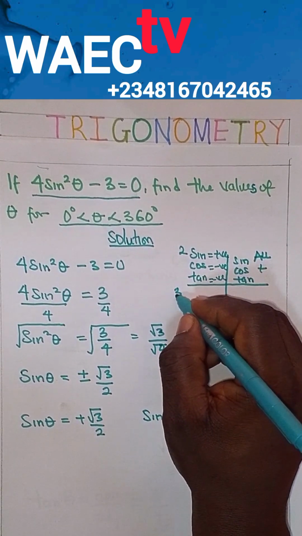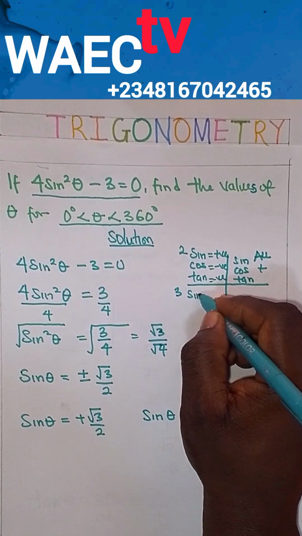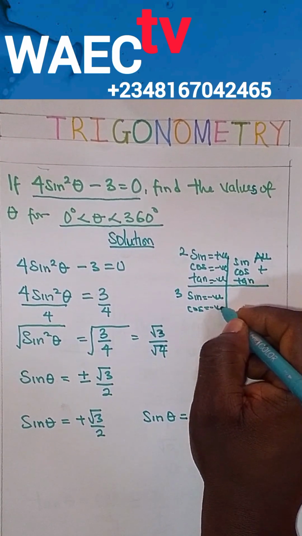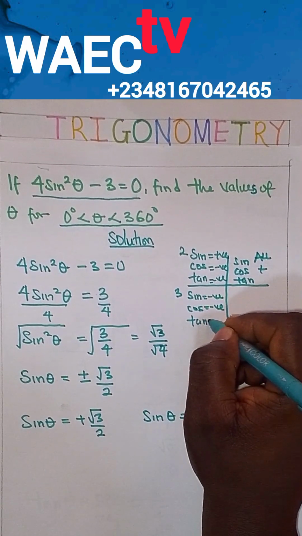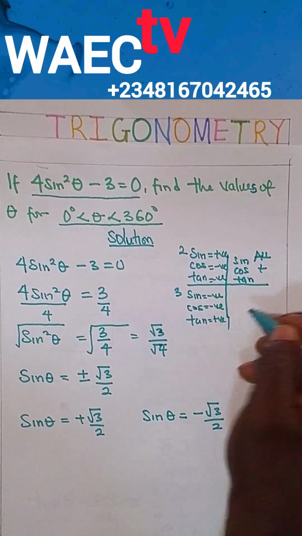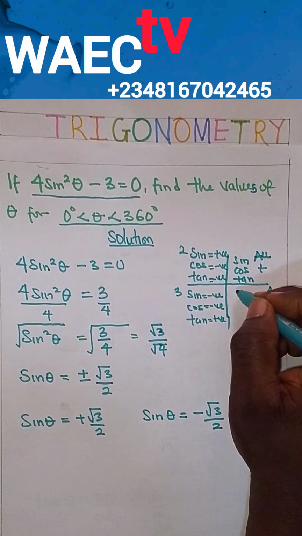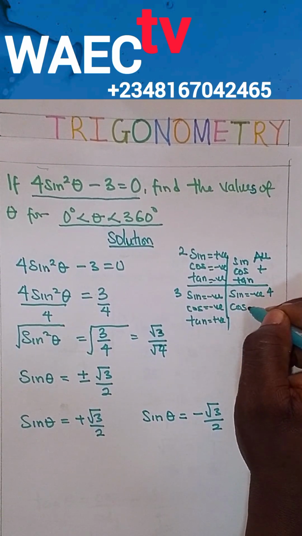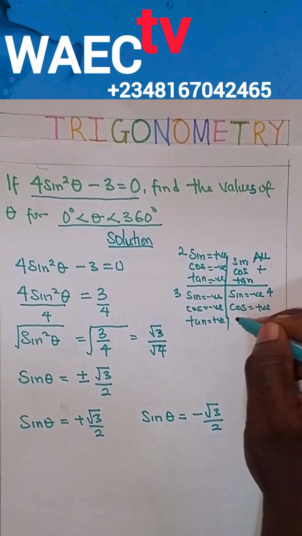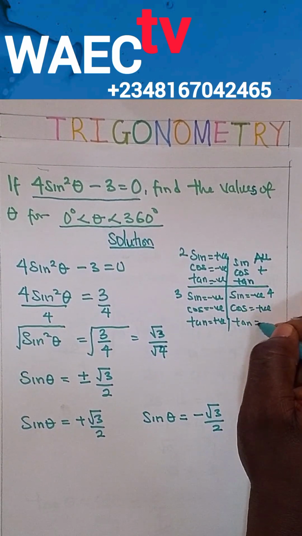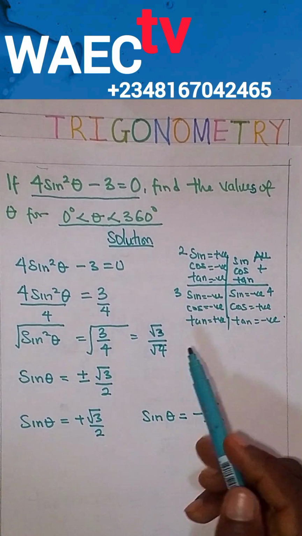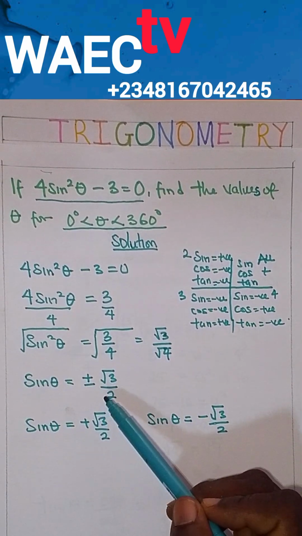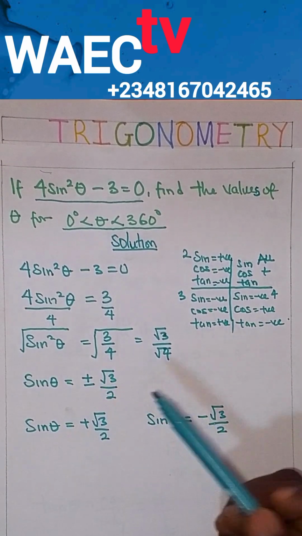And here is the third quadrant, where sine is negative, cos is negative, but tan is positive. And the fourth quadrant, where sine is negative, cos is positive, and tan is negative. So taking the square root of 3 over 4 will give us the two possible answers, which is the plus or minus.